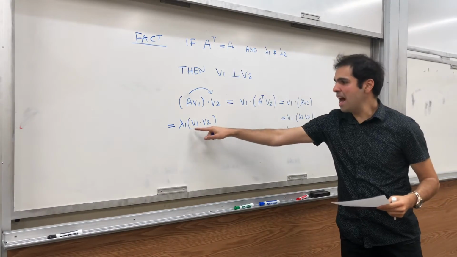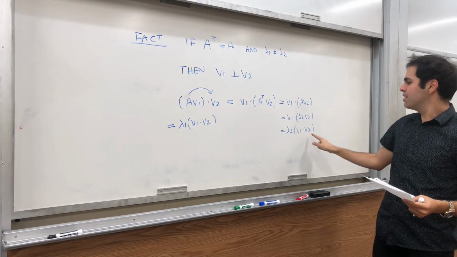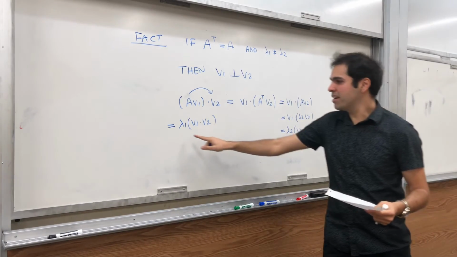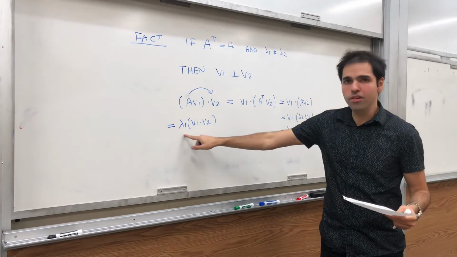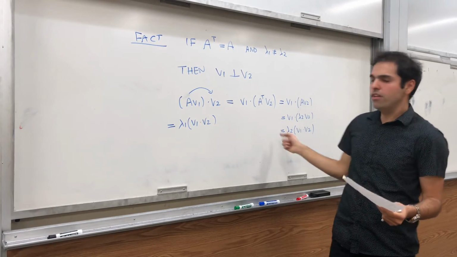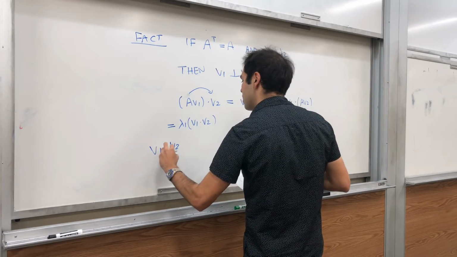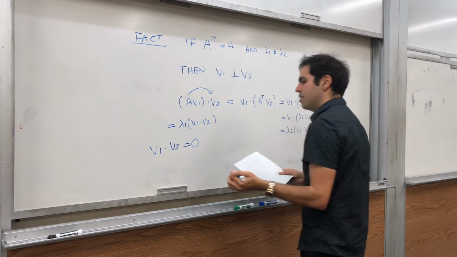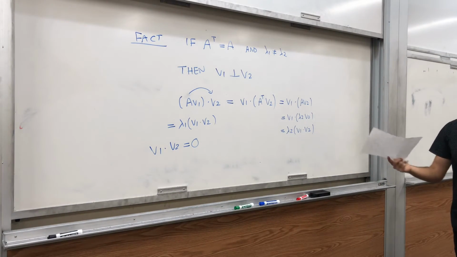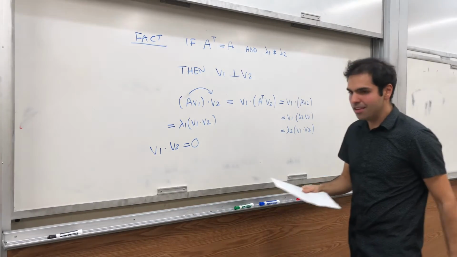And so lambda 1 times V1 dotted with V2 is lambda 2 times V1 dotted with V2. But because the eigenvalues are not equal, this means that V1 dotted with V2 has to be 0. And therefore, eigenvectors corresponding to different eigenspaces are automatically perpendicular.